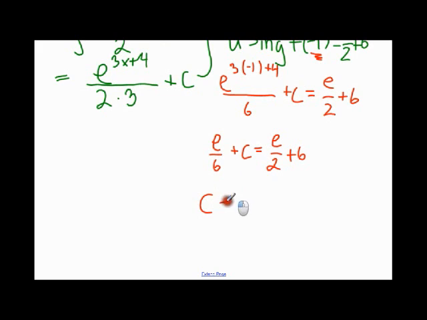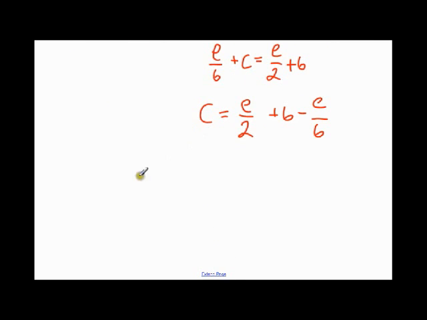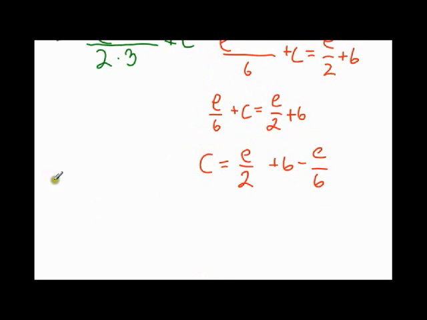So that means that c is equal to e over 2 plus 6 minus e over 6. Okay? So that means c is equal to, now I want a common denominator of 6 here. So I'll get 3e over 6 minus e over 6 plus 6, right?